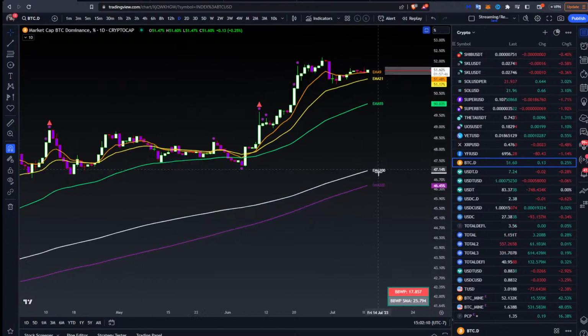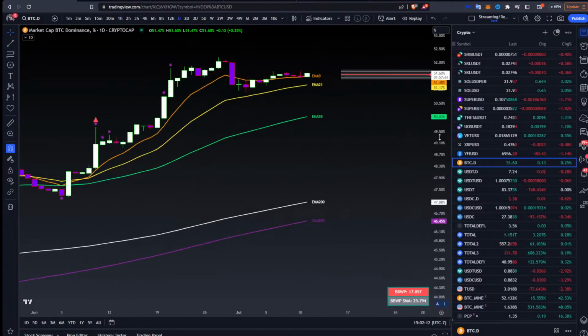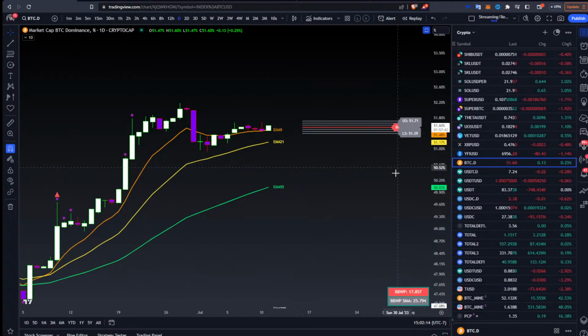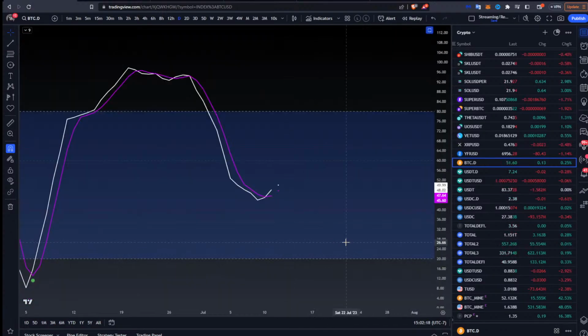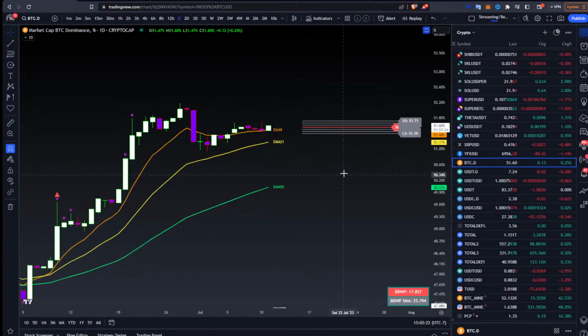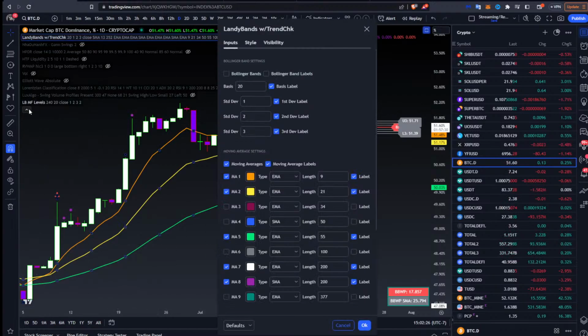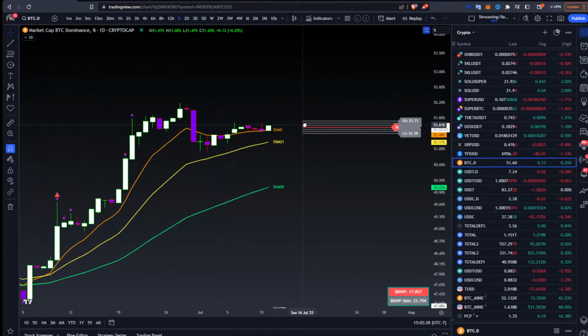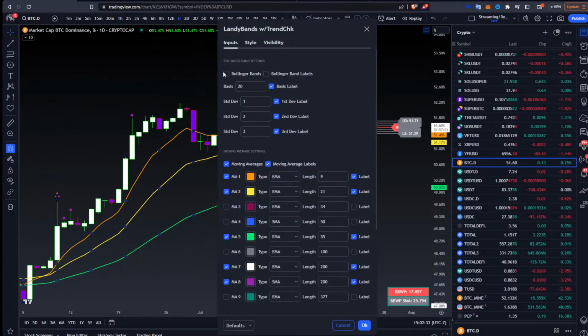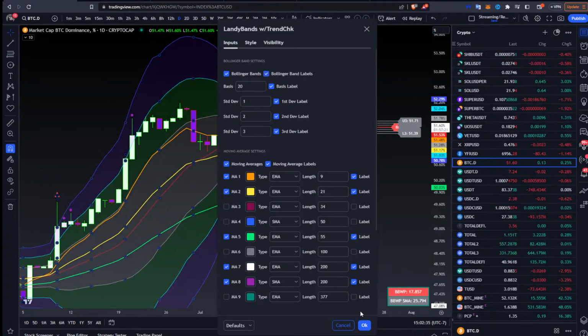So, Bitcoin dominance, it's a strong trend on the daily. I would say that it's going to head up some more. It is in a consolidation, much like Bitcoin itself here, and it is looking as though it wants to set up for a breakout, either to the upside or the downside.